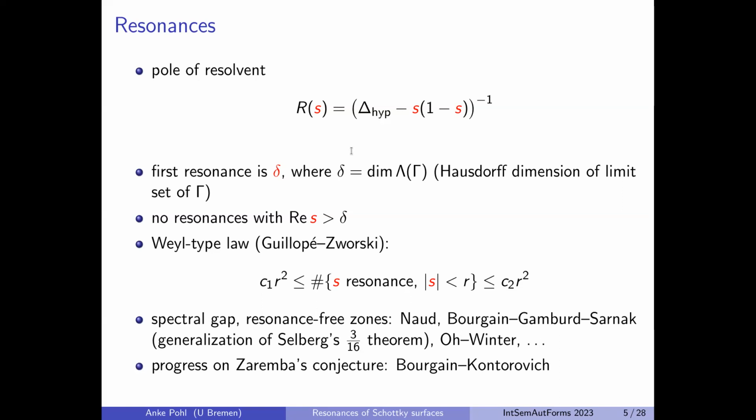So the first resonance is real, and it's typically called delta, and delta is not by accident the Hausdorff dimension of the limit set of the Schottky group which you look at. First, also, of course, that means there are no resonances right of delta. And there are, by the way, also no resonances on the imaginary line sitting at delta. So delta is really there kind of alone.